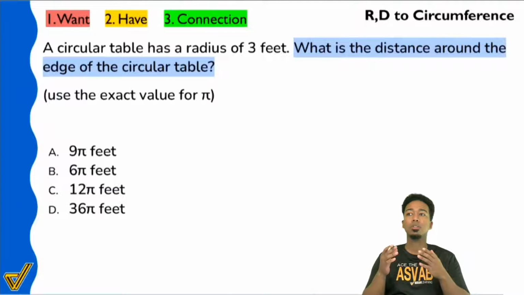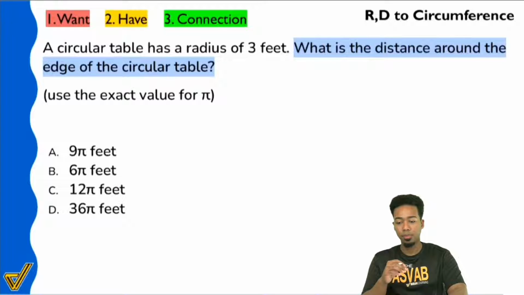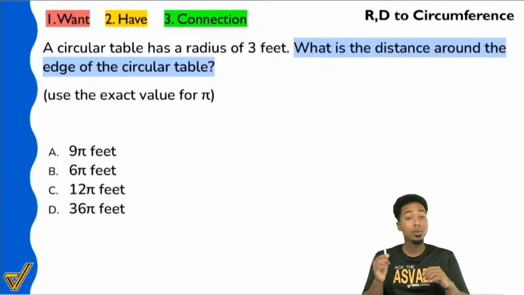Everyone, in one word, describe what it is that we're looking for in this question. Rodney says circumference, Drew says area, Remy says area, diameter, circumference, area. I'm going to go with Kamani's answer, and that is circumference.